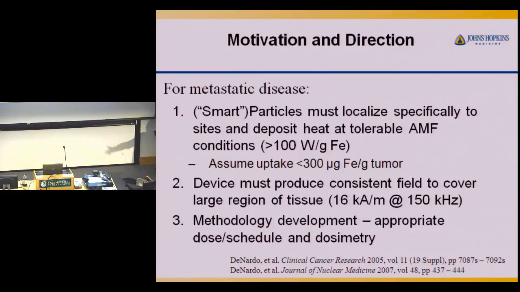Because for whatever particles you have, wherever they are, again, we're talking about widely disseminated disease or metastatic disease, you need to have a consistent dose rate, or you need to have a consistent production of power. And the only way you're going to get that, as you might remember from the curves that I showed you, is if you have a homogeneous flux density field to at least within some tolerable criteria. And then, of course, we also have to develop the methodology for appropriate dose and scheduling and dosimetry. And number 3 is probably one that is going to take place in the clinic, in clinical trials.